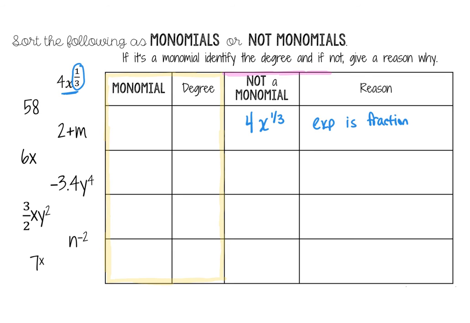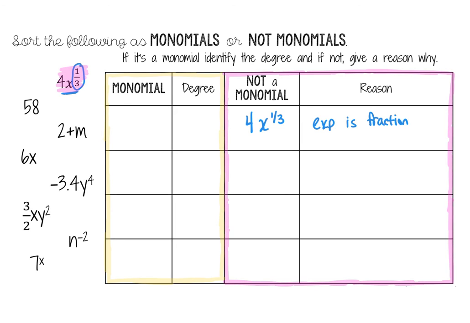If it's not a monomial, we're going to tell why it's not a monomial. So you can think of these as two charts. We're going to go down this list on the left, and it's going to go in one of these two charts. Either it is a monomial, so it is a term, or it's not, and we're going to say why it's not. So this first one is not a monomial, and it is because the exponent is a fraction.